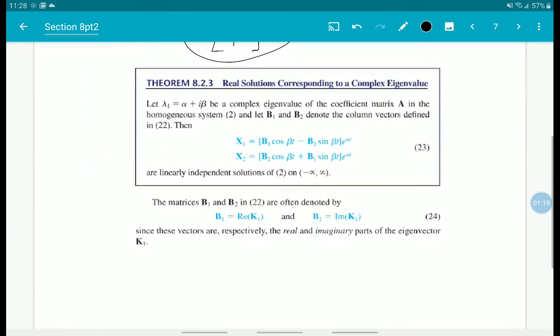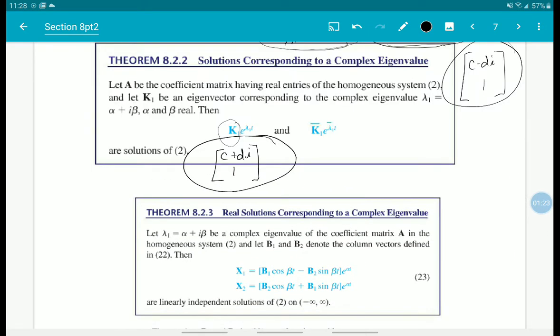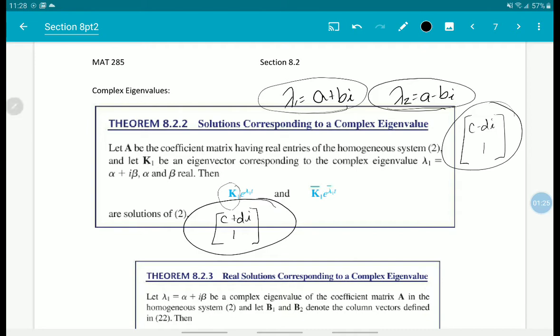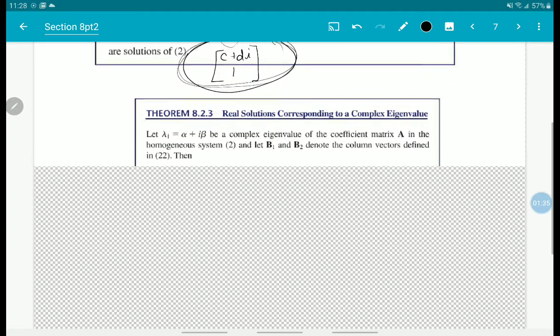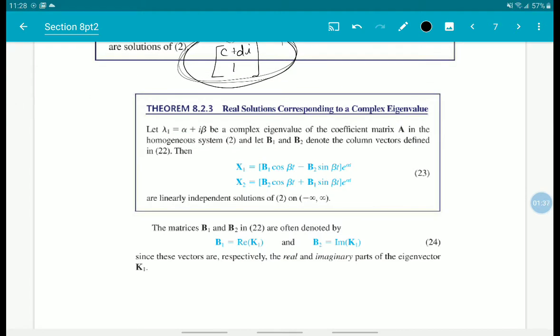So then if we come up with this eigenvalue, and we know this eigenvector, could we figure out what our x1 and x2 are going to be? And our x1 and x2 happen to be in this format. So notice that we are taking this eigenvector and we're splitting it into real and imaginary parts.